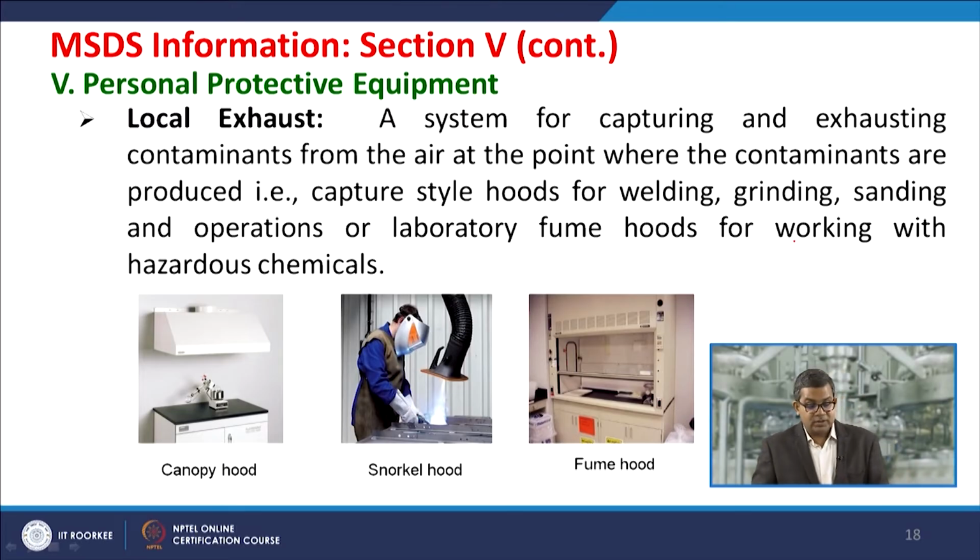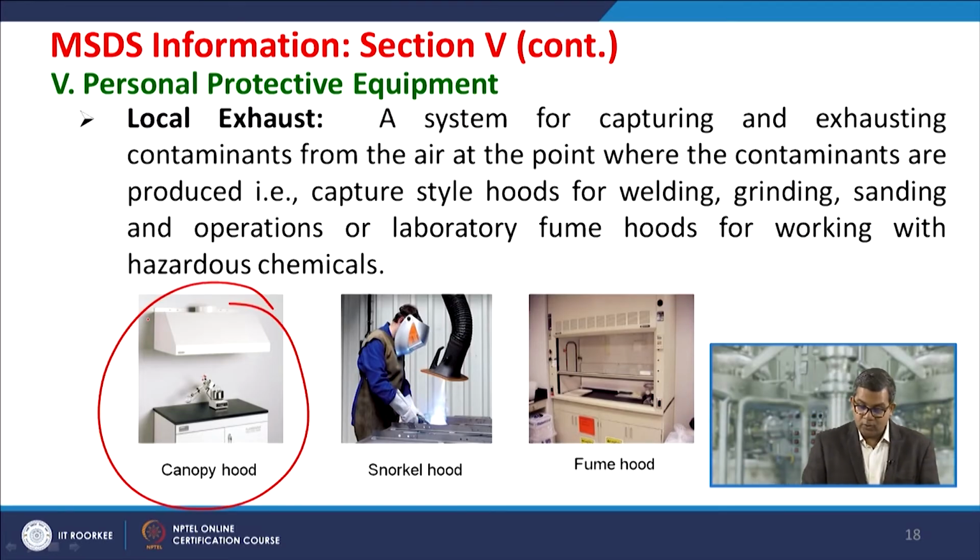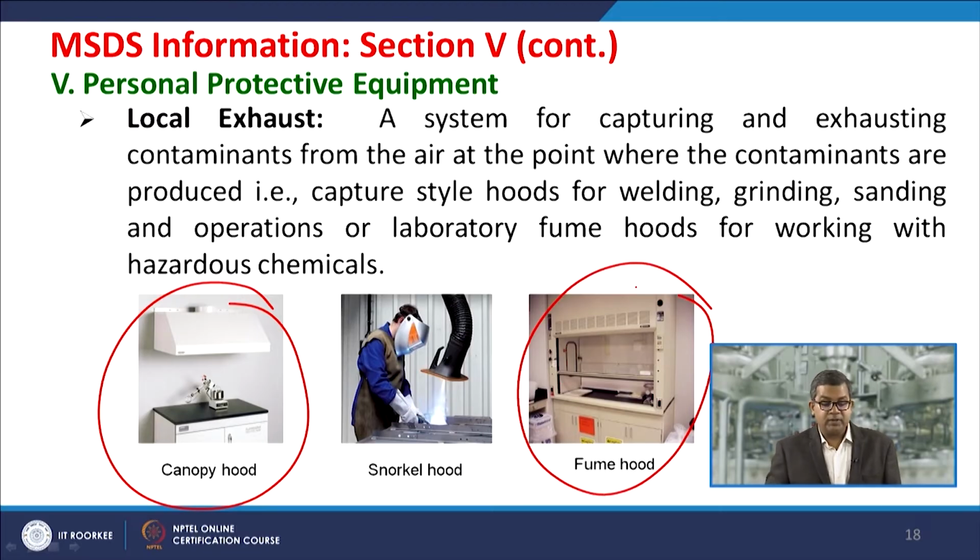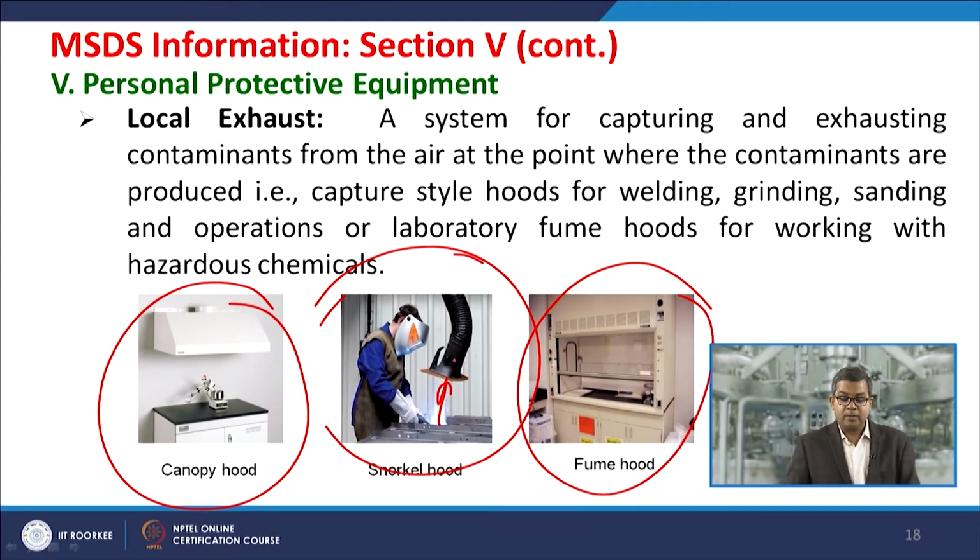Capture style hoods like this, canopy type hoods for welding, grinding, sanding, and laboratory fume hoods for working with hazardous chemicals. This is again a zonal type of local exhaust, through which the hazardous substance may be sucked away from the workplace.